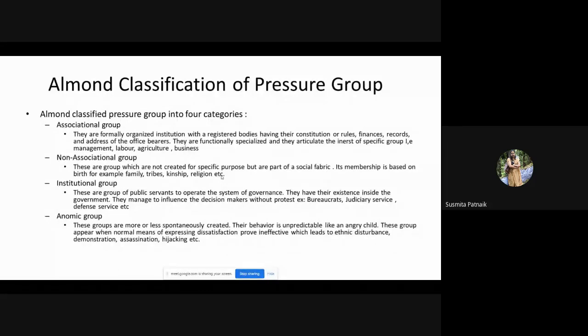The group will demonstrate their dissatisfaction by applying different types of positive or negative means. This may be demonstrations, assassinations, hijacking. So these are called the negative means to pressurize the government to concede their demands. These are called anomic groups.